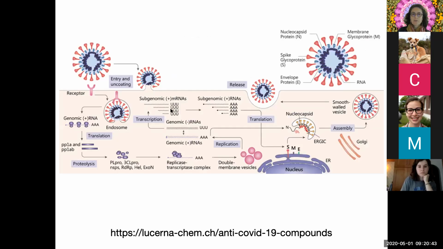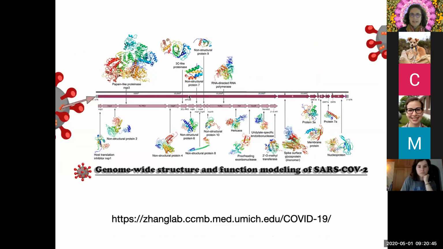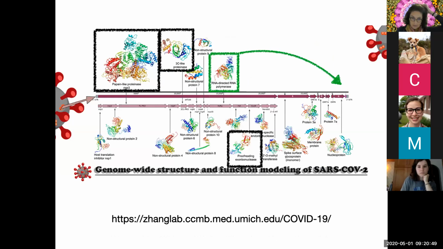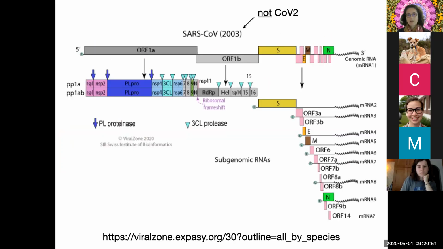Yeah. So the frame shift happens in this long open reading frame. Let me get, okay, it's here. So essentially there is a stop codon in the original frame of this long transcript.